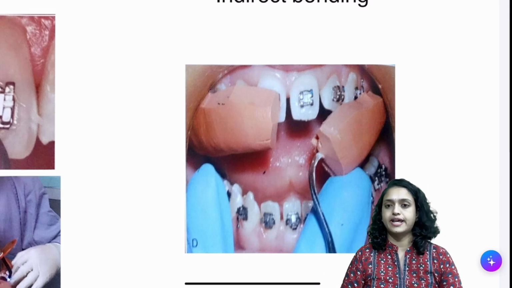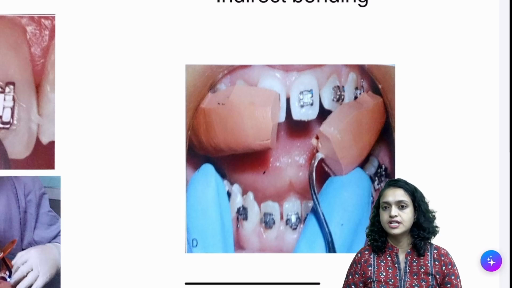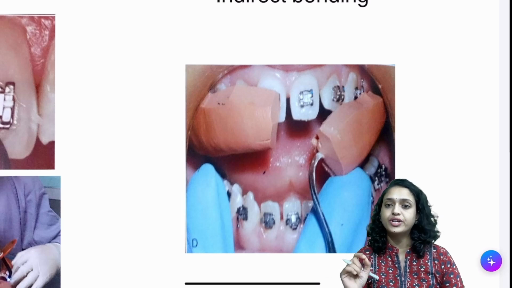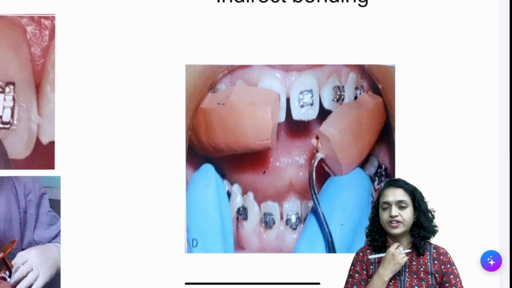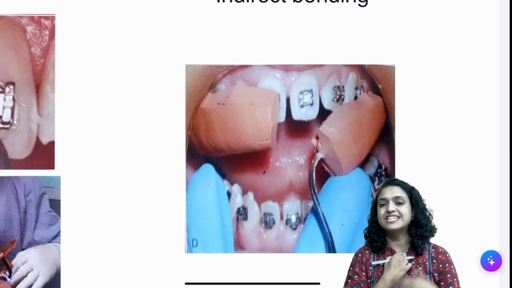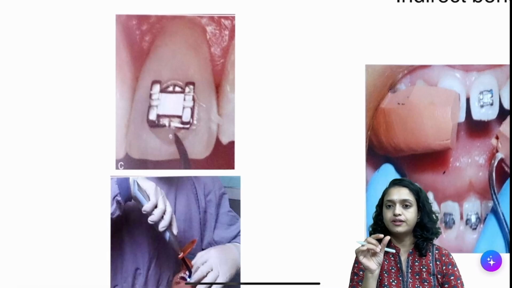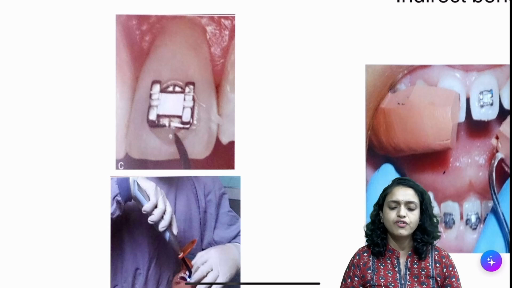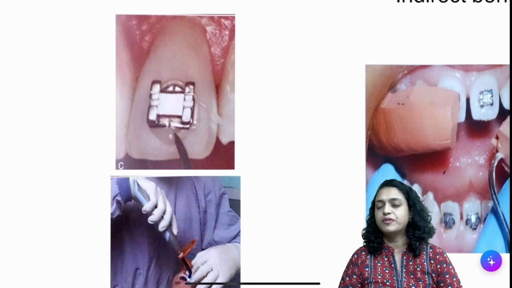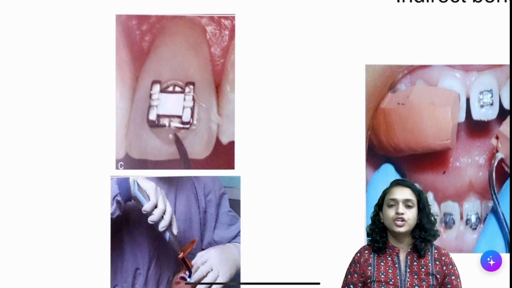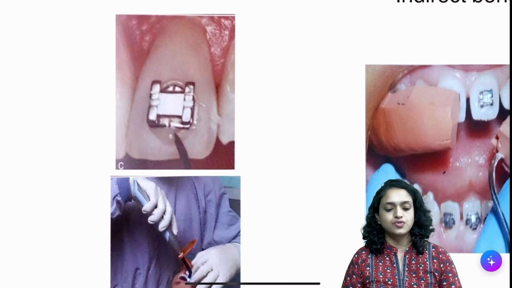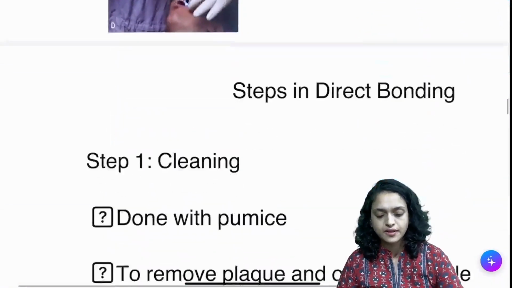One disadvantage of indirect bonding is that it's a little tedious process, but since you position on the cast and then transfer it, the accuracy of positioning is much better compared to direct bonding, because some amount of error can be there during direct bonding. However, direct bonding is usually preferred because it's less time consuming. You need not sit and work in the lab placing the brackets. So this is much more convenient for everybody, and direct bonding is usually practiced.